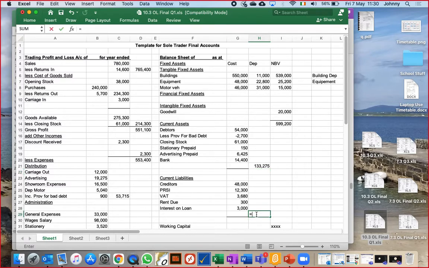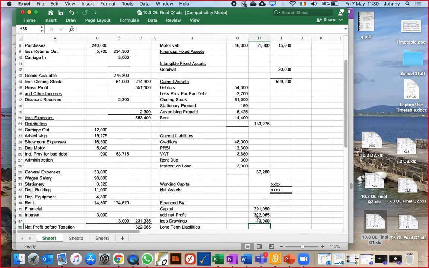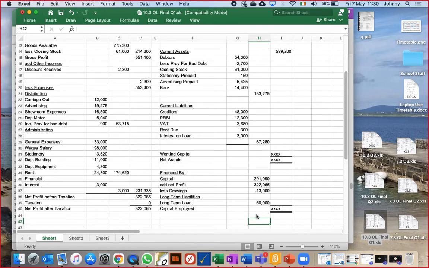Add up my current liabilities. And I'll add up my capital employed. So I've added my fixed assets, current liabilities, and my capital employed.